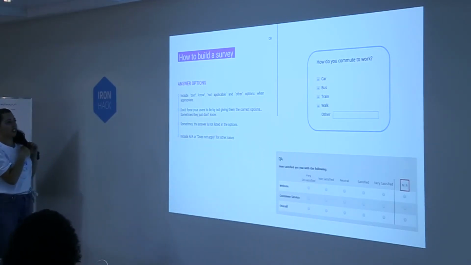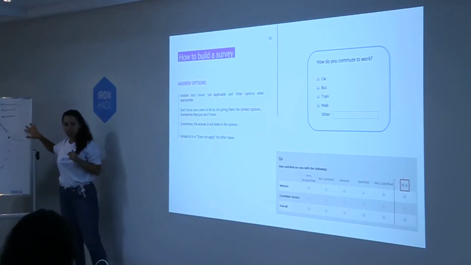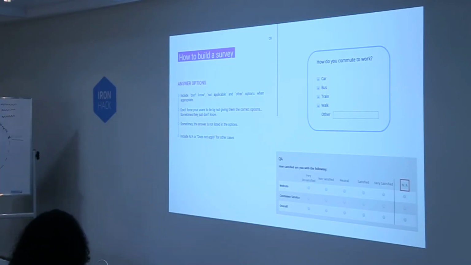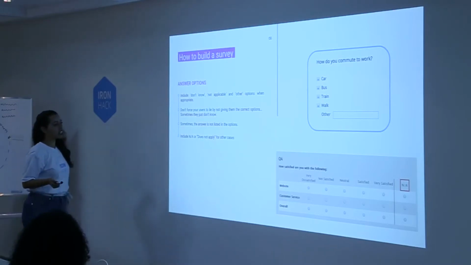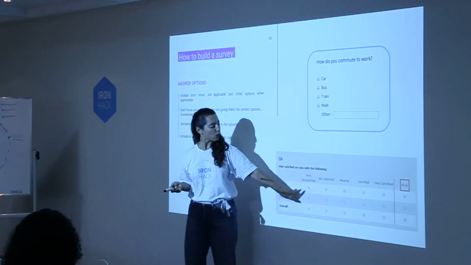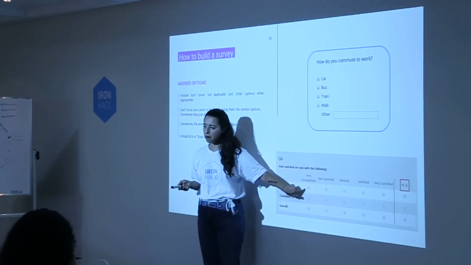How to build a good survey. So I just mentioned the multiple choice. What other kinds of options can we give? If it's not multiple choice, if the user cannot select multiple, what are these? Do you know the name?